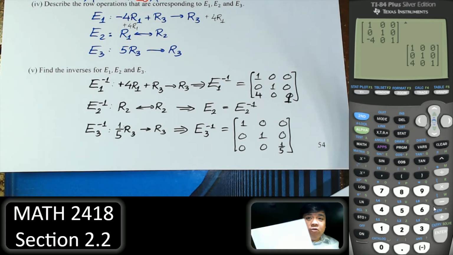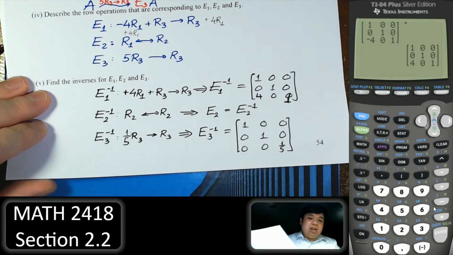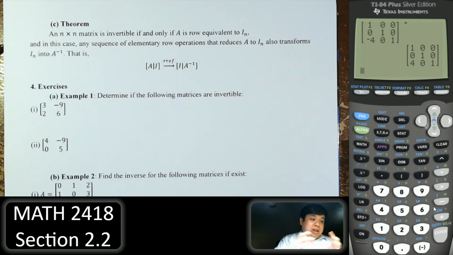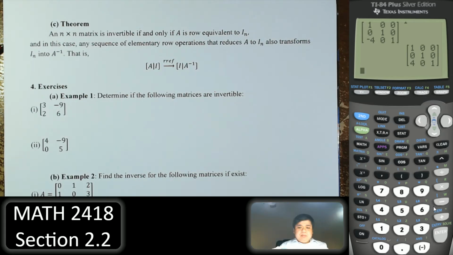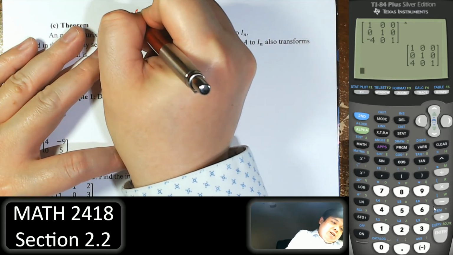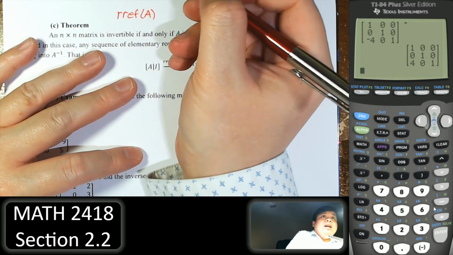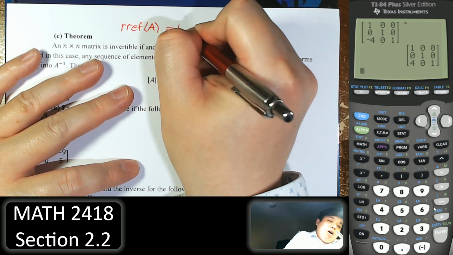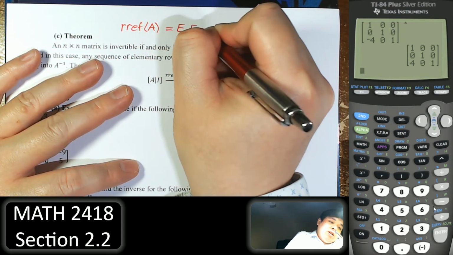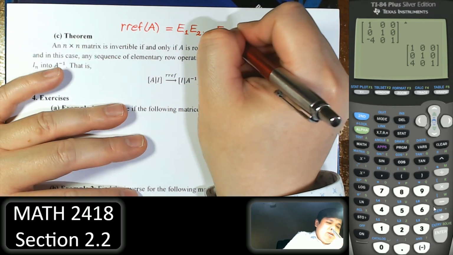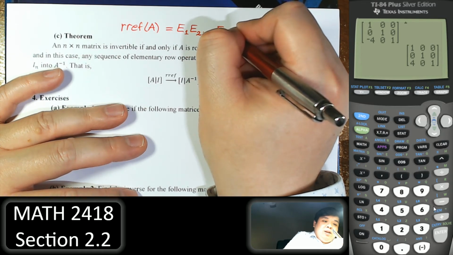Next, how do we find the inverse of a matrix that is larger than 2 by 2? Of course, how about 3 by 3? Let's just look at the easy one first. Now, what we see here is that when we apply the RREF to the matrix A, it is equivalent to what? Multiply a bunch of elementary matrices. Let's say we do that m times.